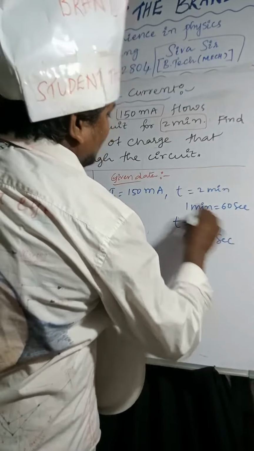So Q, if you multiply, you can multiply 150 into 10 power minus 3 into 120.